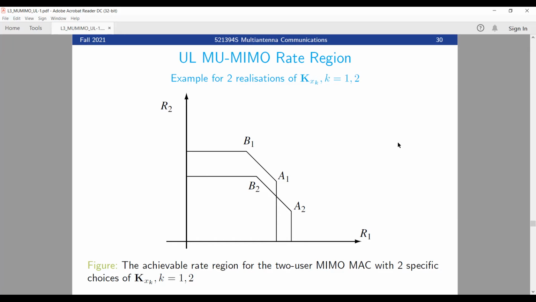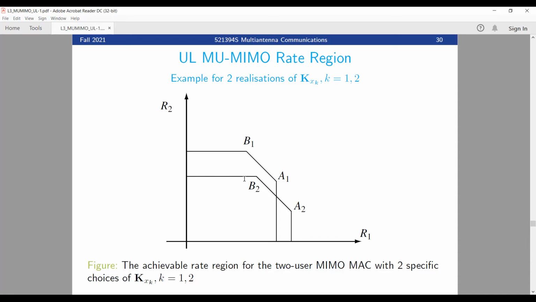Now, we have here basically 1, 2, 3 outermost corner points that are interesting. This point here is not so interesting, right? Not a good strategy. You should always use this transmit covariance matrix. Using this transmit covariance matrix and decoding user 2 last is not a good strategy, because this would be the rate of user 2.